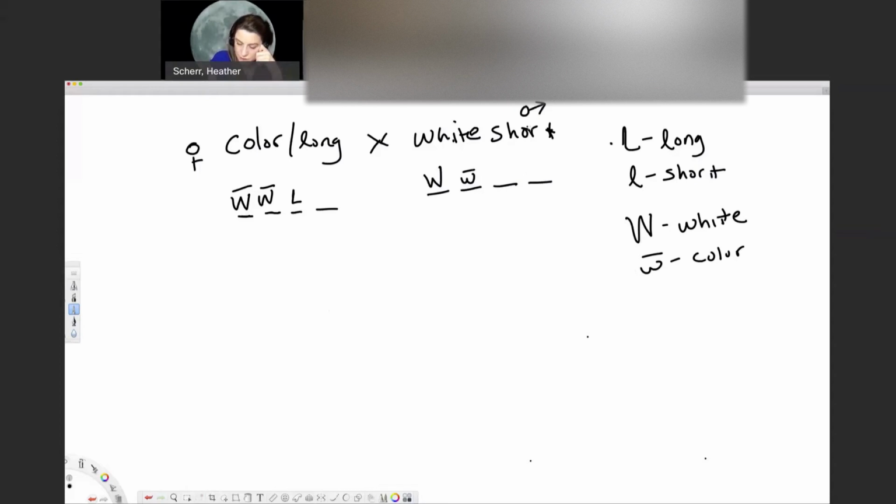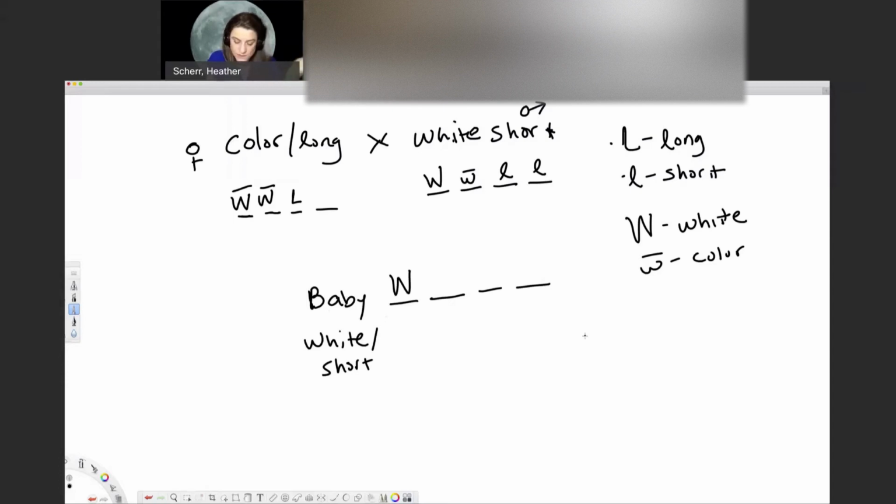And for the short hair, we know this is homozygous recessive. And then we know that the baby, the cat we initially started with, was a white cat with short hair, and so that means it is white. We don't even need the W's because we already know the parents.